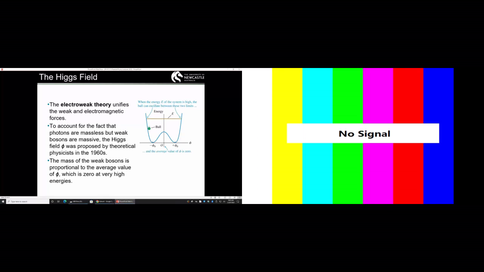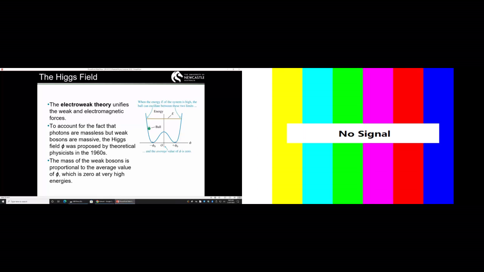But if we try and think about it just as a simplified analogy, with a ball rolling on a curve, the idea is that the Higgs field is somehow represented by the blue line, and the mass of the particle, the mass of our boson, is represented by the average position of the ball on the curve.